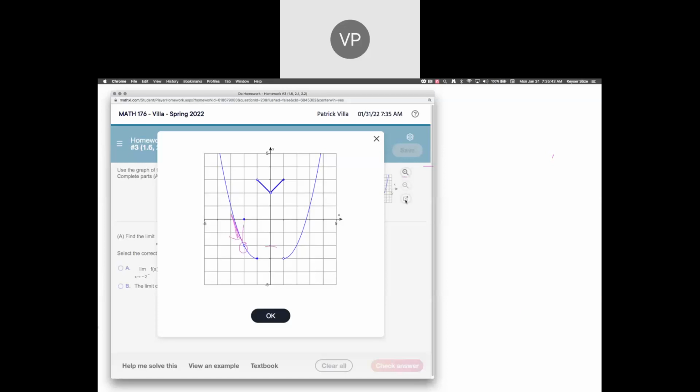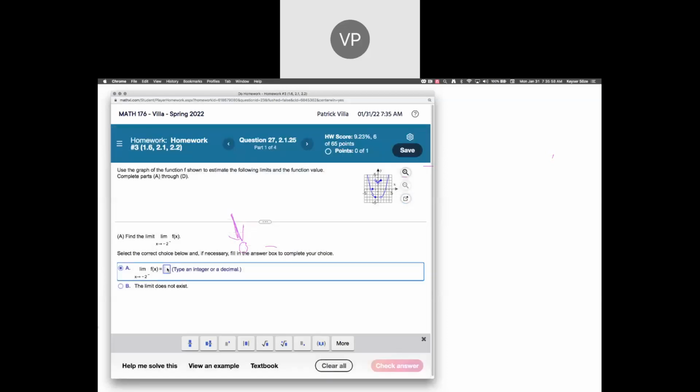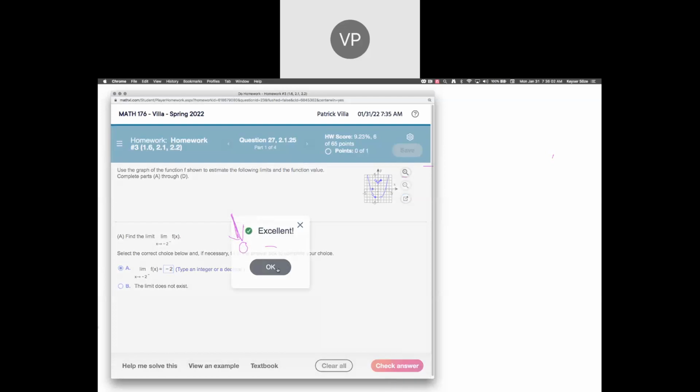What y value is that? Looks like it's approaching, as x approaches -2 from the left. So you're coming in from the left side of your graph. This is my target. What y value is that? Not does it exist, but it is there. That open circle looks like it's at -2. That's our first answer.